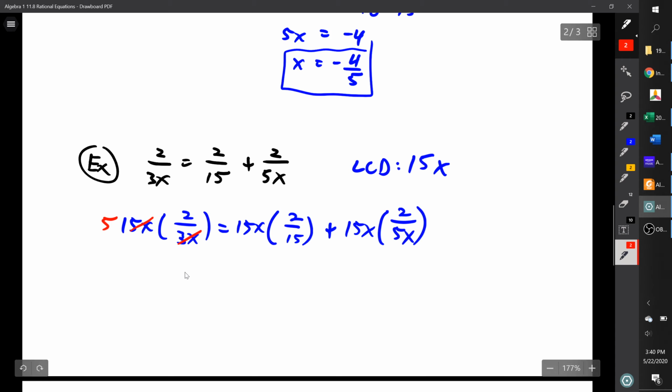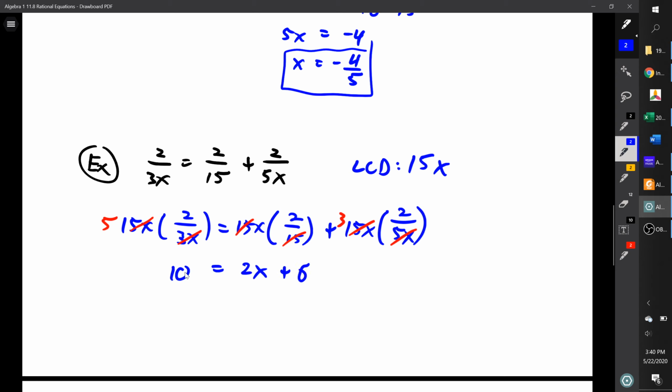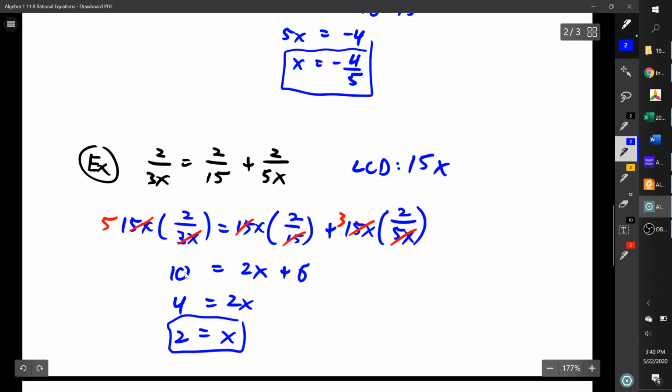My 15x over 15 simplifies just to x, and my 15x over 5x simplifies to 3. So what am I left with here? I'm left with 5 times 2, that's 10, equals 2x plus 6. Then if I subtract 6 from both sides, I get 4 equals 2x. Divide both sides by 2, and I get 2 equals x. That is theoretically my solution.